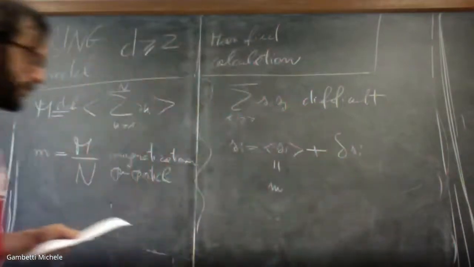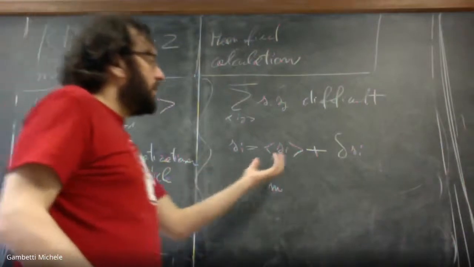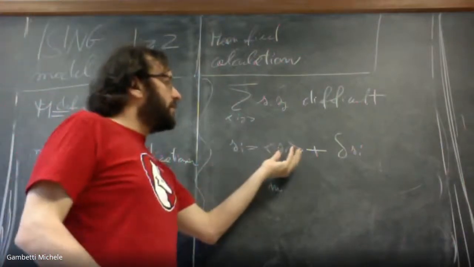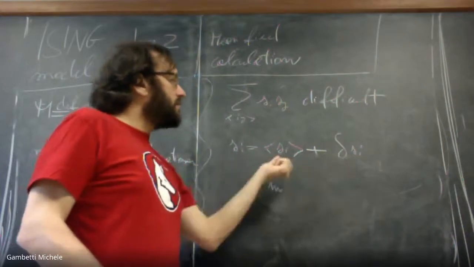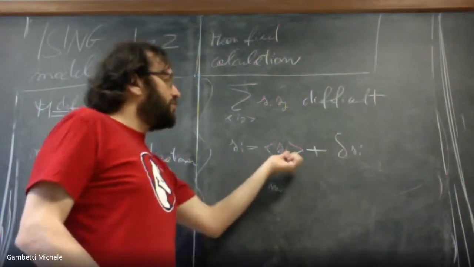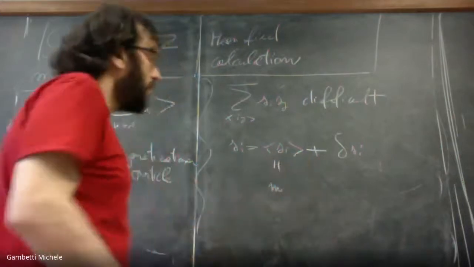The fluctuations account for the fact that the spin i deviates from the average spin per particle.